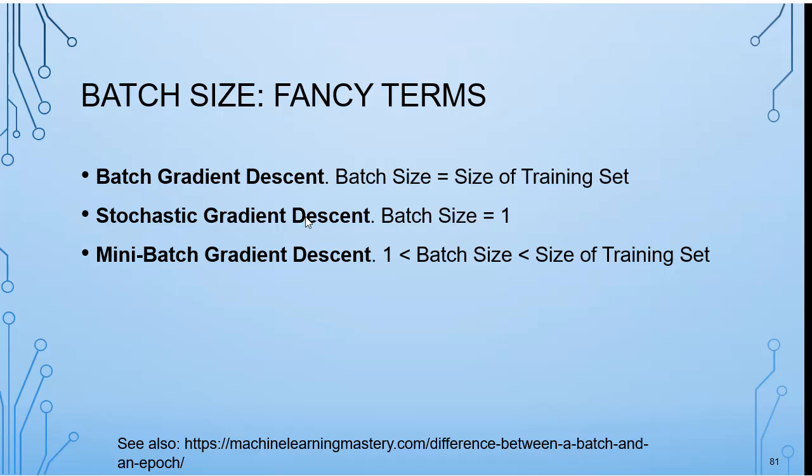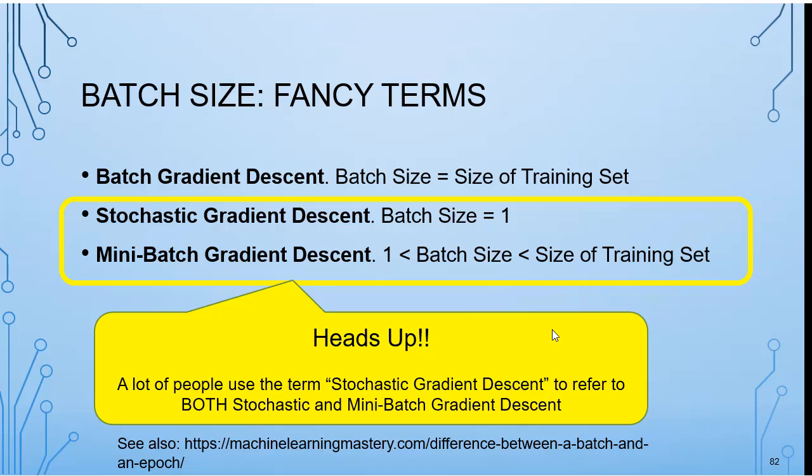And mini batch gradient descent means what you think it does. It means you make a bunch of mini batches and the size of them is somewhere between 1 and the full size of the training set. A lot of people use these terms interchangeably, so just look out for that.